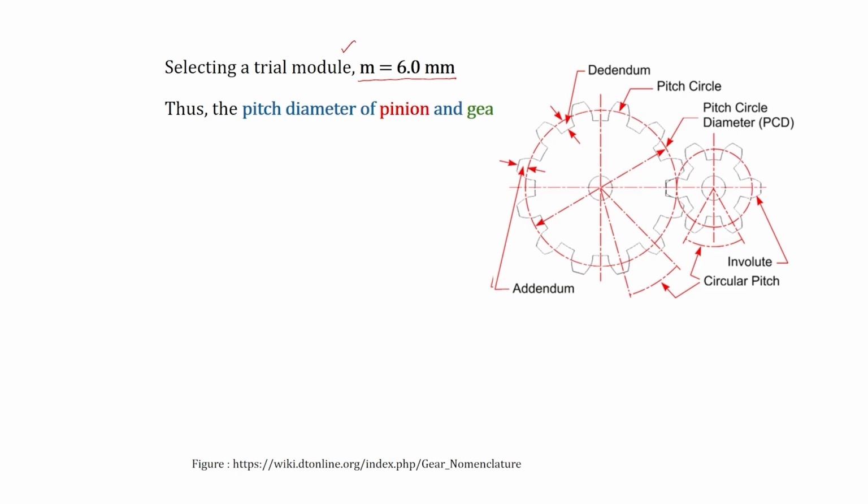The pitch diameter of this is the pitch circle of the gear. The pitch circle diameter is this one, and this is given by dP. So, if I make it in green color, then the pitch circle diameter is this one, and it is dP.